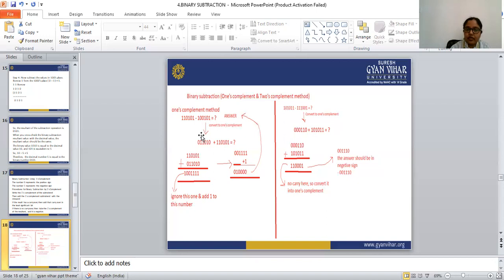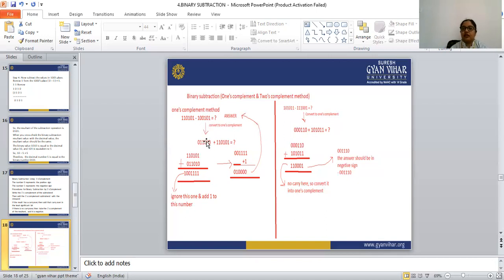I have written here in the place of 1, 0; in the place of 0, 1; in the place of 1, 0. This is the converting method for this second digit. We have to simply invert this number to the opposite number.